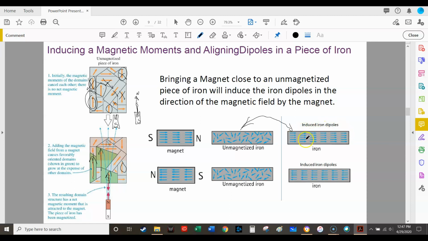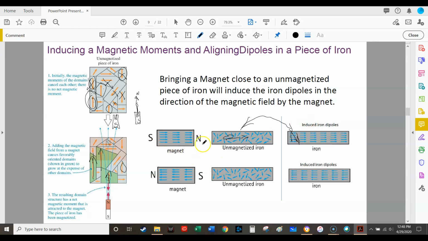So the ones that are already pointed in that direction will get elongated, and those areas that are all over the place get squeezed down and become smaller, right? So the dipoles get induced in the same direction. It's kind of an interesting situation.